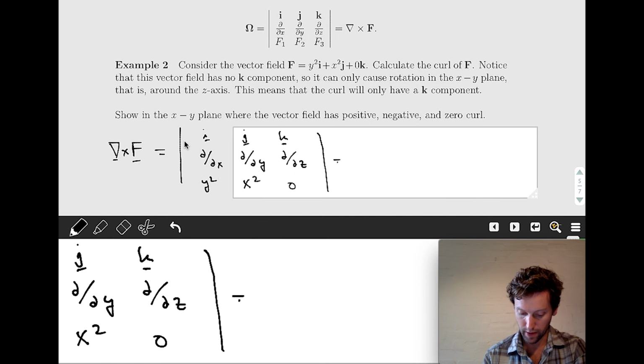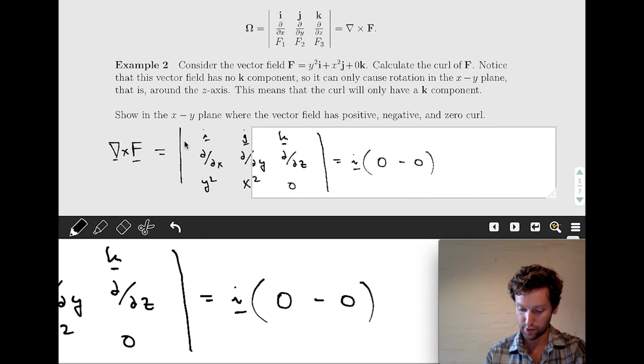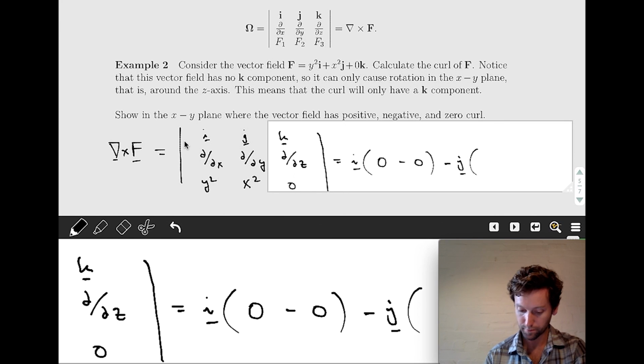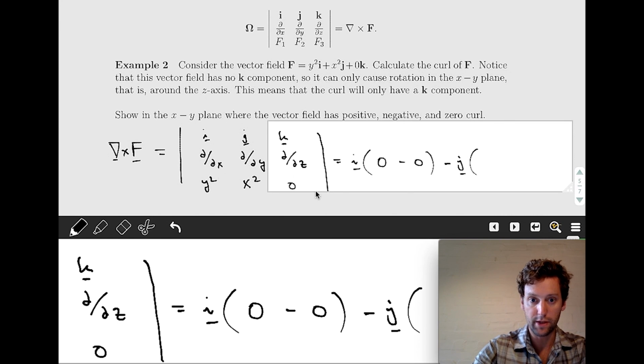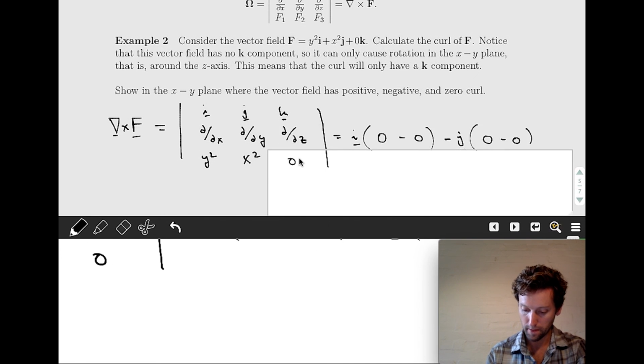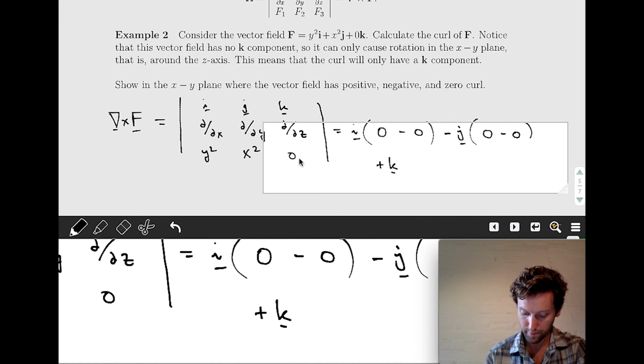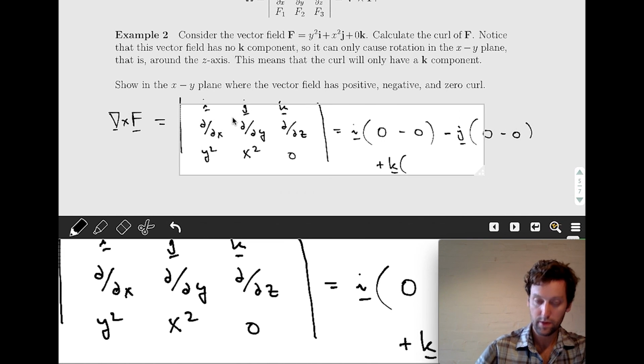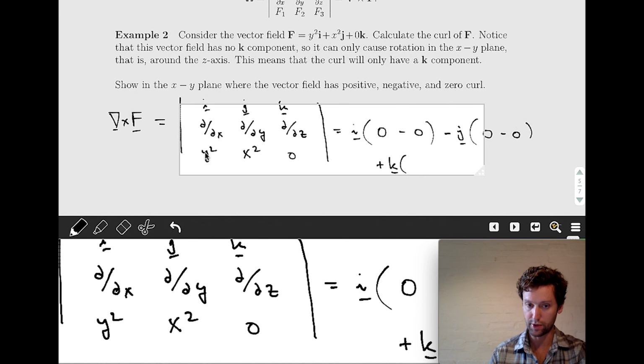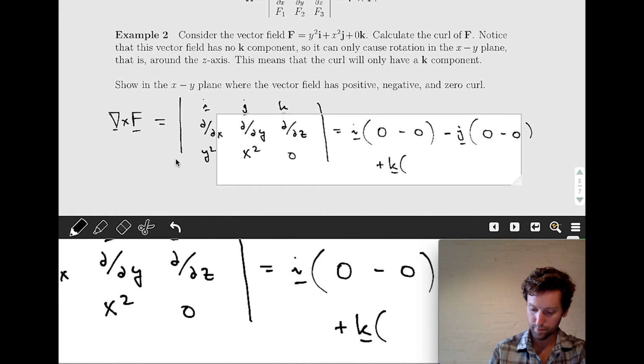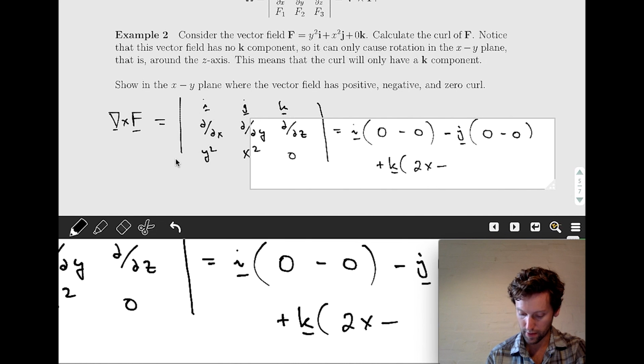So the curl will be given by i vector times the partial derivative of 0 minus the partial derivative of x squared with respect to z, which is 0, minus j vector times the partial derivative with respect to x of 0 minus the partial derivative of y squared with respect to z, which is also 0, plus k vector times the partial derivative with respect to x of x squared minus the partial derivative with respect to y of y squared. So I get 2x minus 2y.